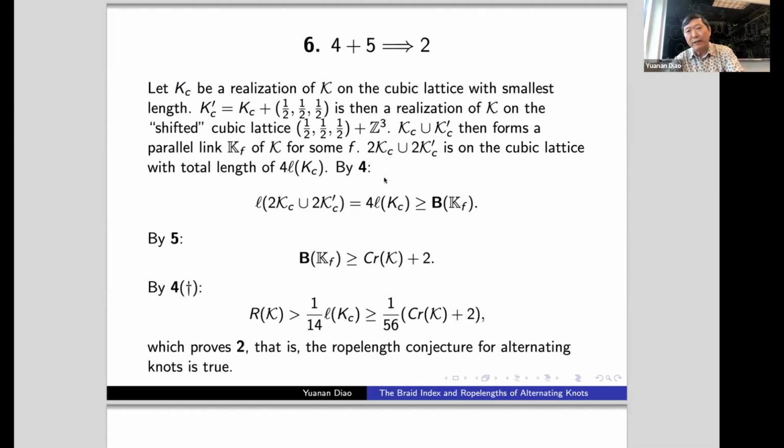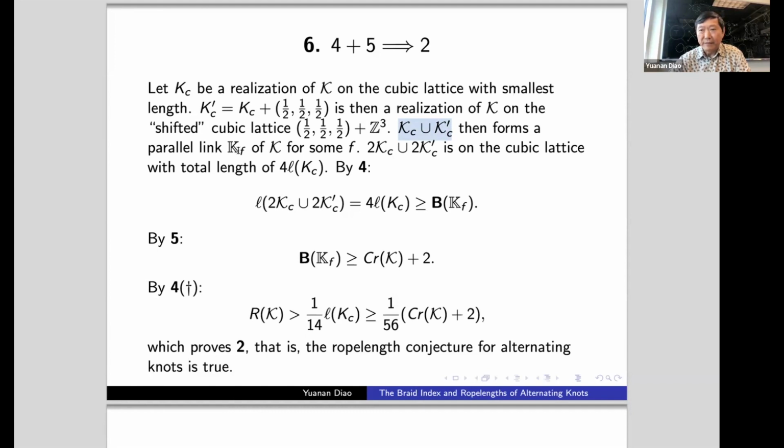So this new copy Kc prime is on this pushed away cubic lattice, right? It's shifted. So you take the union of the two, and now you get a parallel link, right?